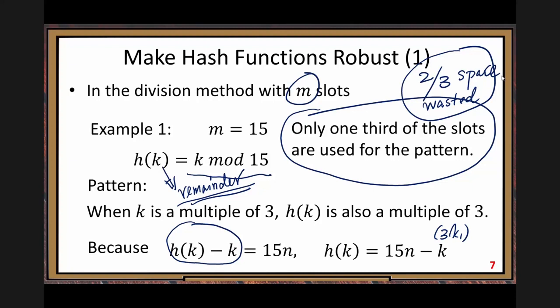Prime numbers are only multiples of 1 and itself. Other than 1 and itself, no other factors. So you can see primes are a good choice. For this method, we like to take prime numbers for n.